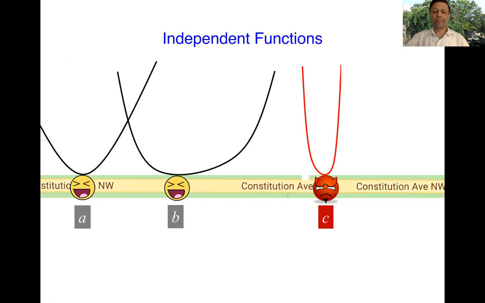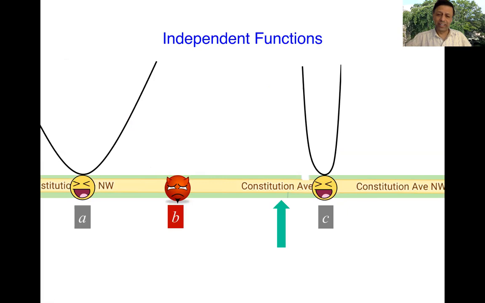So if agents A and B are the good agents, then you want to minimize the cost over A and B together. And the optimal value of X will be somewhere between the current locations of A and B, as pointed by this green arrow. On the other hand, if A and C are the good agents, with B being the bad agent, then you want to minimize the cost over A and C, which would be minimized somewhere here.